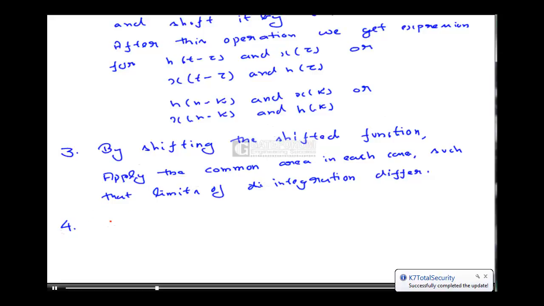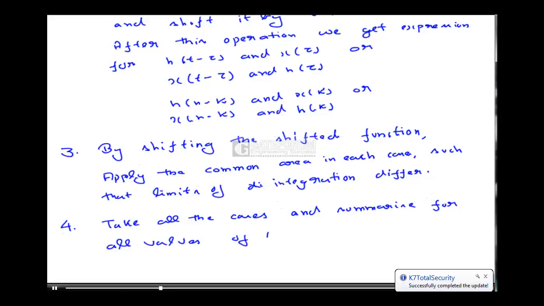After doing this, we have to take all the cases and summarize for all values of t.